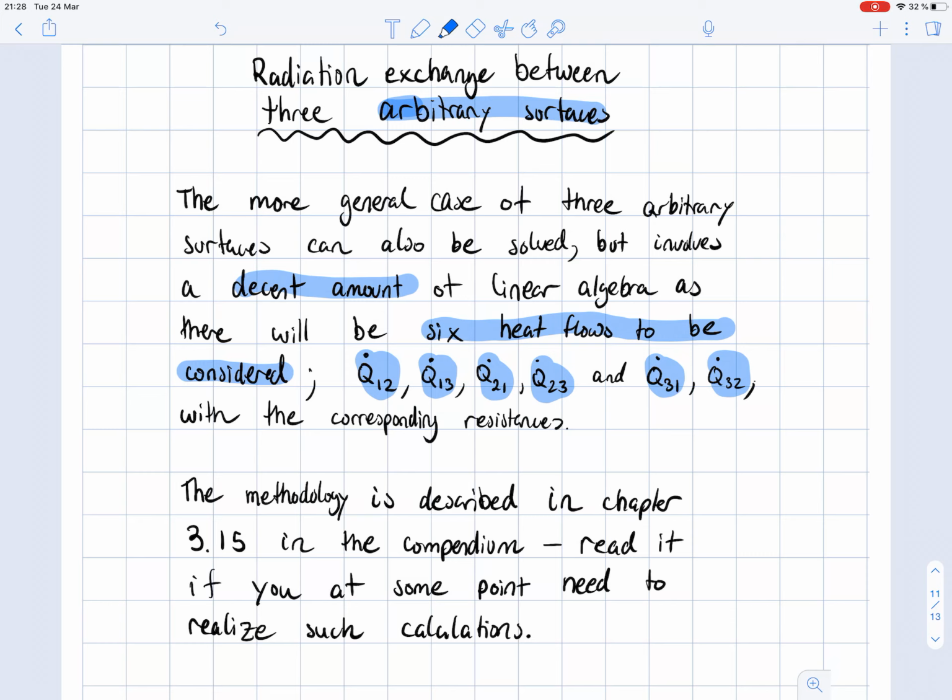So needless to say, this will result in a set of linear equations. So you'll have some matrices that you will have to invert, etc. It's not very convenient to present in this format, so I suggest that you look to chapter 315 in the compendium, and then you can read this on your own if you at some point in your life need to realize these kind of calculations.